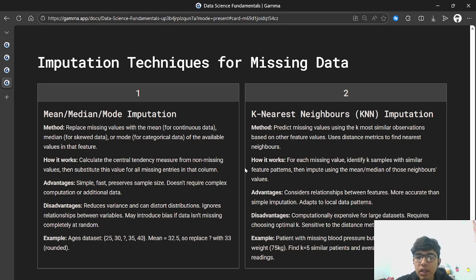This method usually produces more realistic imputations because it respects the internal structure of the data set. However, it is computationally more intensive and sensitive to the choice of k. So the scaling of features should be done correctly. These techniques allow us to retain the size and utility of the data set while mitigating the impact of missing data.